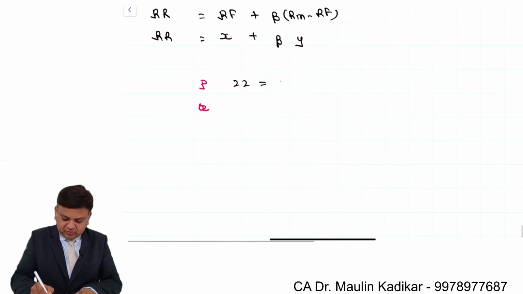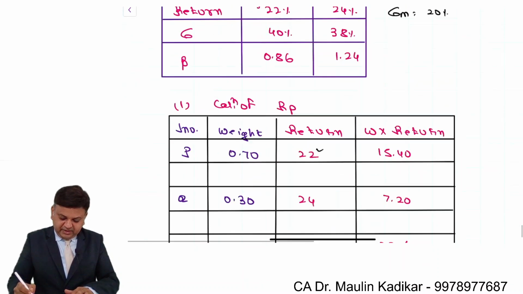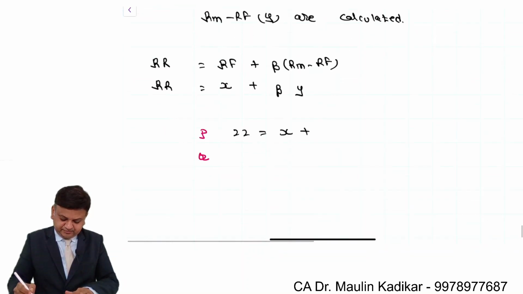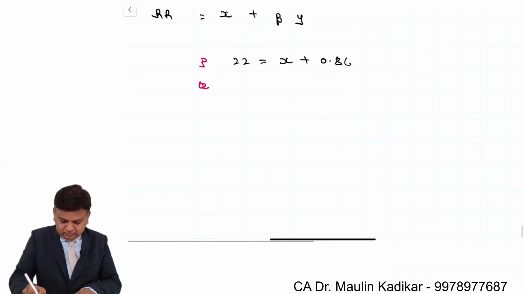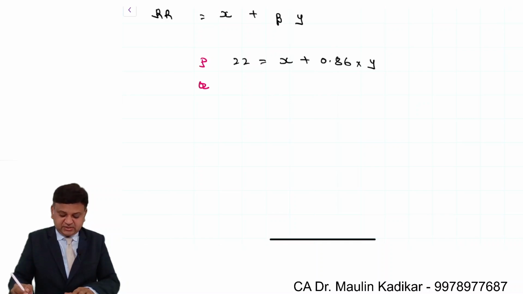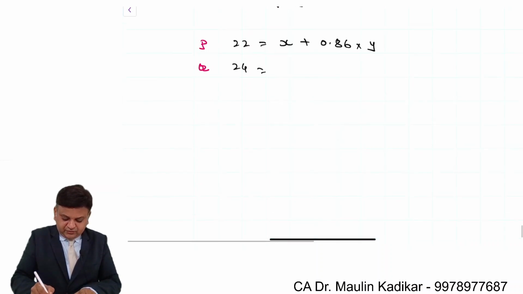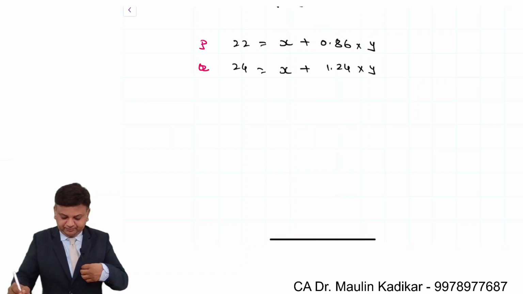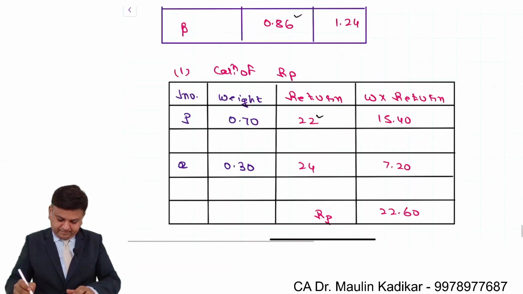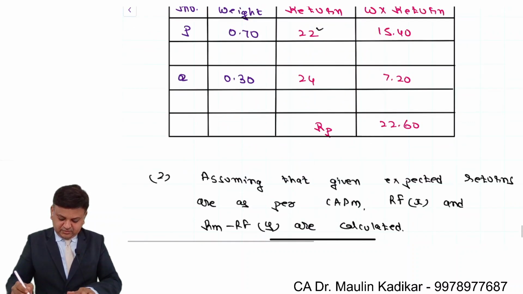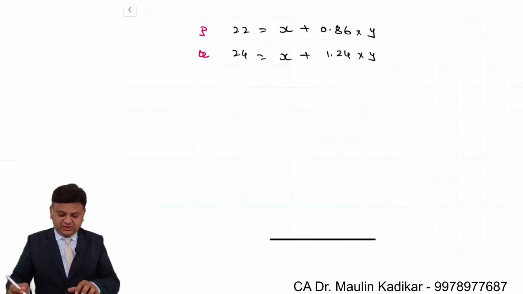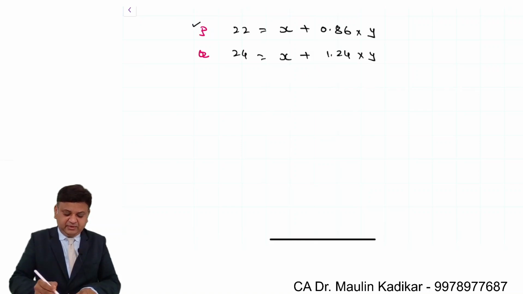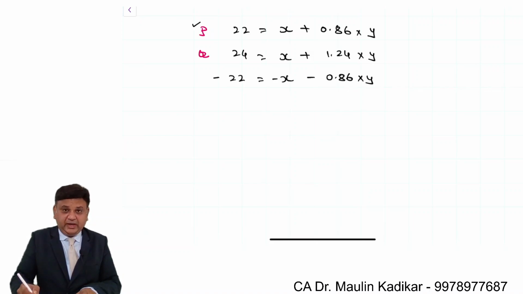So 22 is equal to X plus beta for P security is 0.86, so 0.86 into Y. For Q, 24 is equal to X plus 1.24 into Y. Now we'll make the calculation. I'm keeping these values with the change in sign. Minus 22 is equal to minus X minus 0.86 into Y.